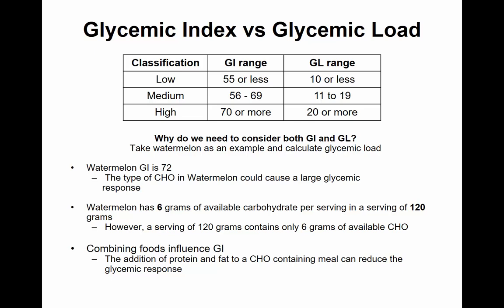Take a watermelon as an example. The GI is 72, right? That means the type of carbohydrate in watermelon can cause a large glycemic response. They may have more simple carbohydrate in the watermelon.